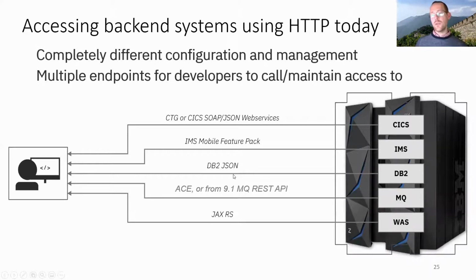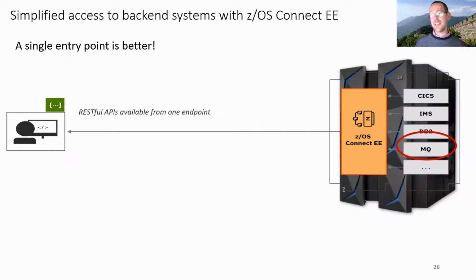However, wouldn't it make sense in many cases to have a single solution that can expose all of those pieces of middleware using the same style of approach and the same administrative tooling, rather than having lots of different answers to how you do REST on the mainframe, have a single answer. And that's really what the z/OS Connect Enterprise Edition product does.